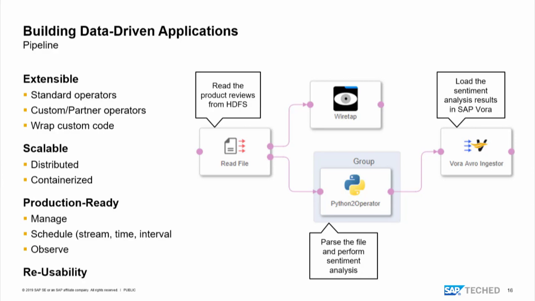That could be in HANA, that could be in Spark, that could be training a TensorFlow model, or it could be, like in our example here, read from HDFS, so from a Hadoop lake, apply then a Python code where we do a join, or sentiment analysis, and then push the result into Vora. That was a very, very simple use case we have basically created.